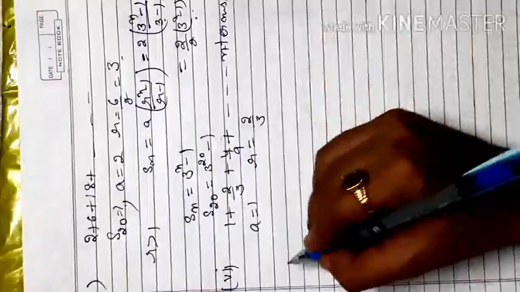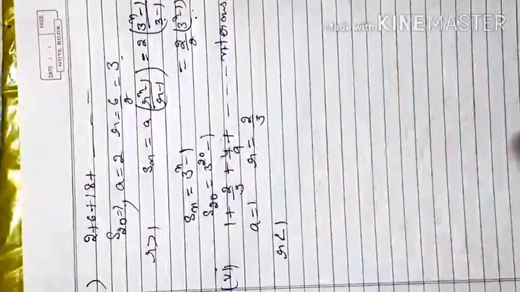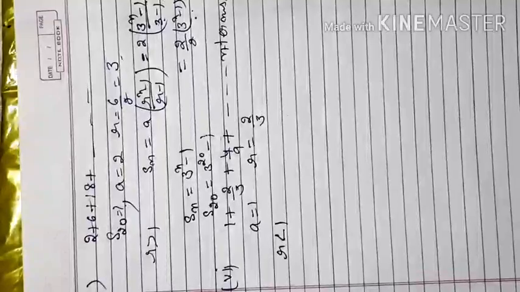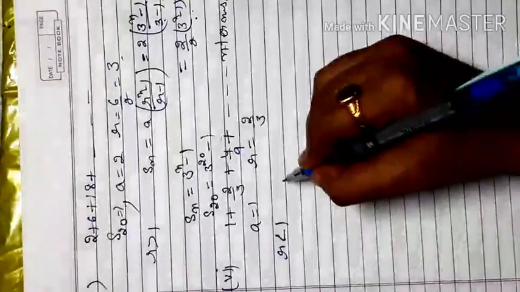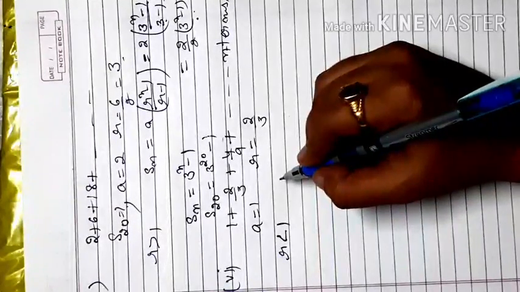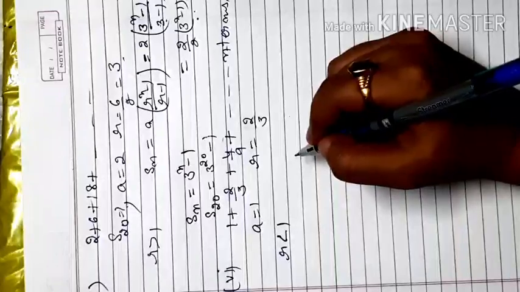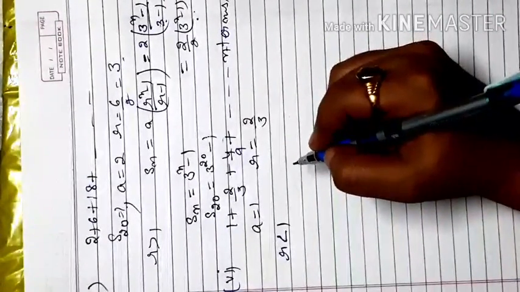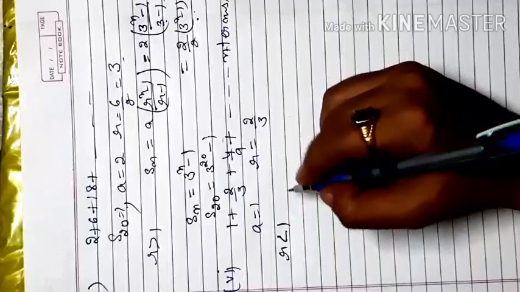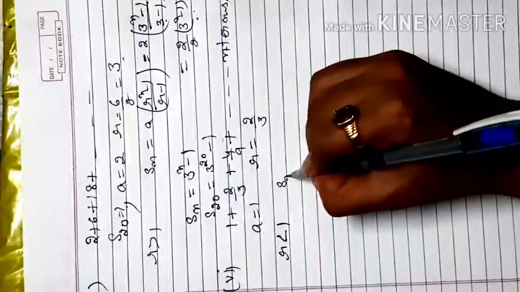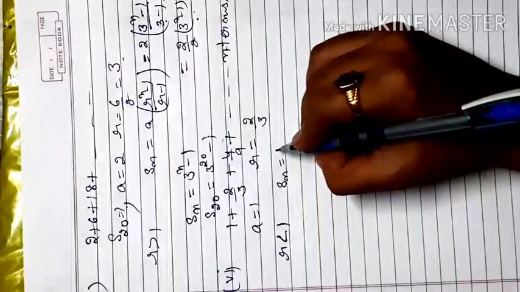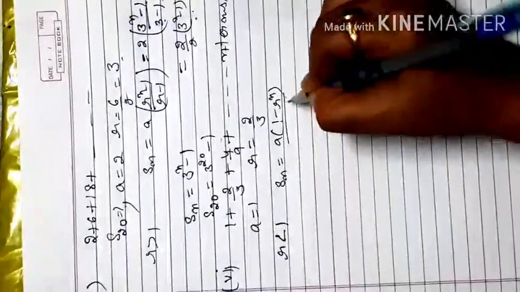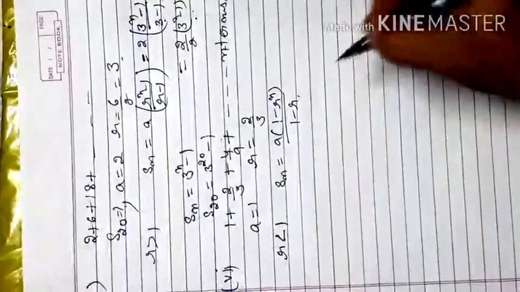So here if you check, the R value is less than 1. So according to that, for the sum of n terms formula, because here we have to find the sum of n terms and also the sum of 5 terms, first I will find the sum of n terms formula, and I will use the formula for R less than 1, which is A(1 minus R^n) by (1 minus R).